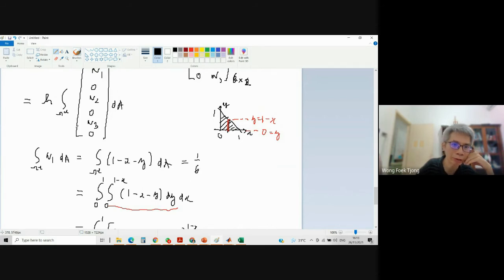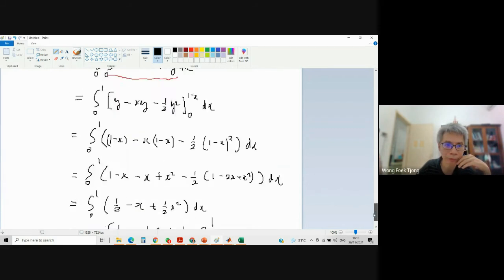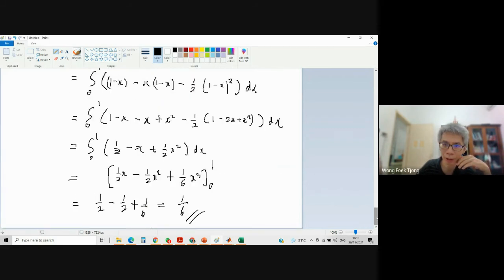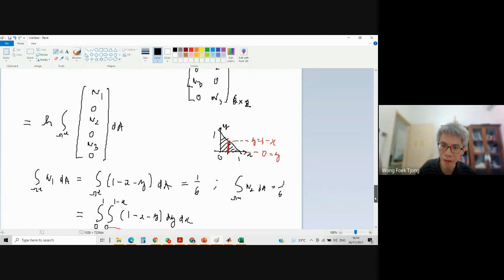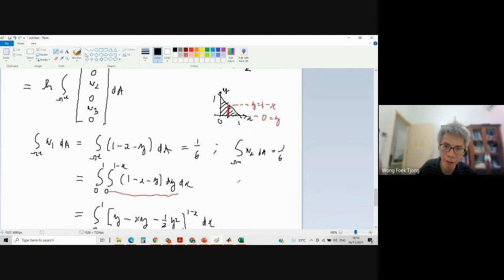And then we also calculate the second one. Let me write here. We can calculate also for the second one, N2 dA, and believe me, the result is also 1/6, okay? And also we can calculate the third one, and it will give me the result also 1/6. Actually, this is X, right?